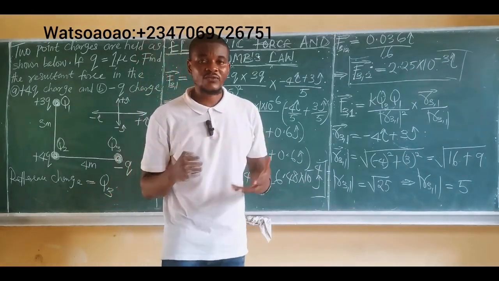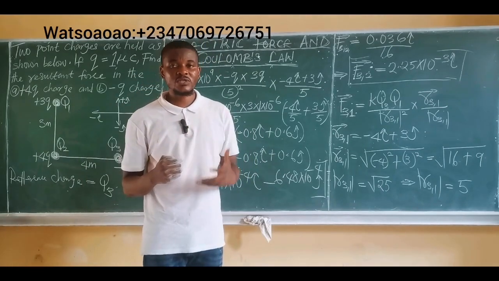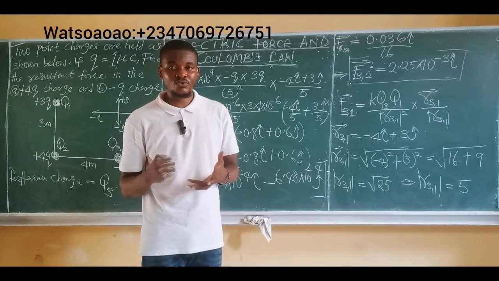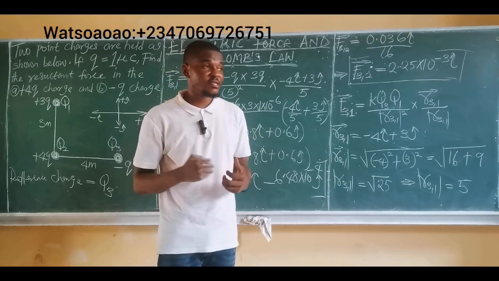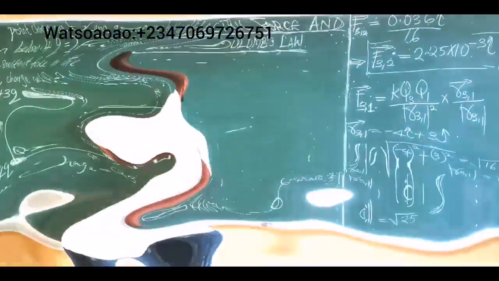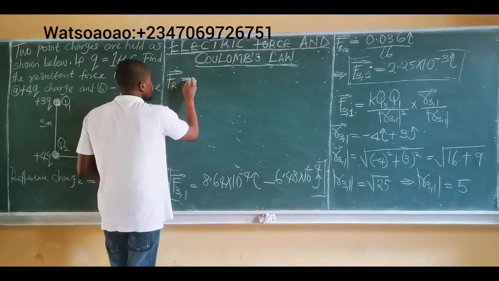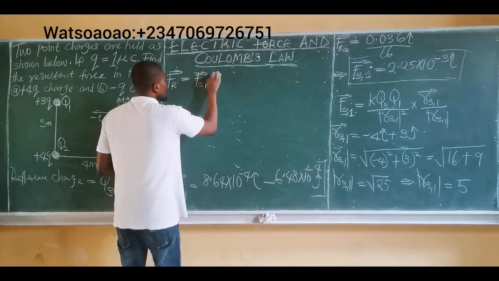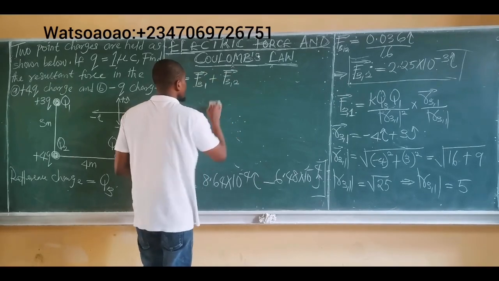But the question is asking us to find the resultant force, which means we need to add these two forces together: the force of charge 3 relative to charge 2 and the force of charge 3 relative to charge 1. So let's do this and see. The resultant force is simply equal to the force of charge 3 relative to charge 1 plus the force of charge 3 relative to charge 2.